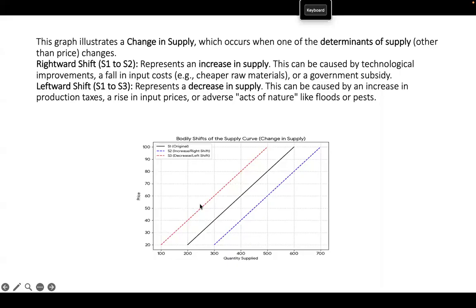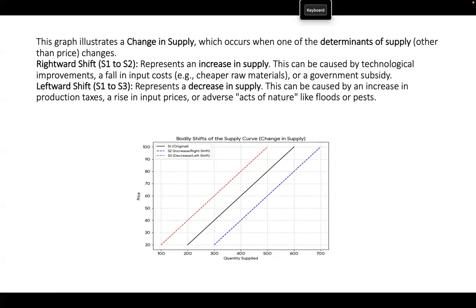With the red line, that's the decrease in supply. This can be caused by an increase in production costs, when the government increases the cost of production, or when there's a rise in input prices, or when there's an adverse act of nature. Supply will shift leftward, that's S1 to S3.